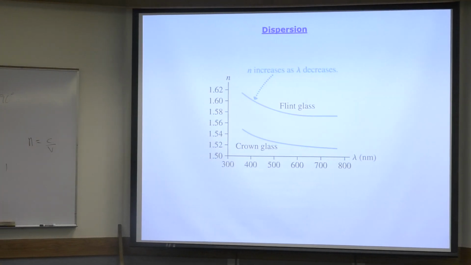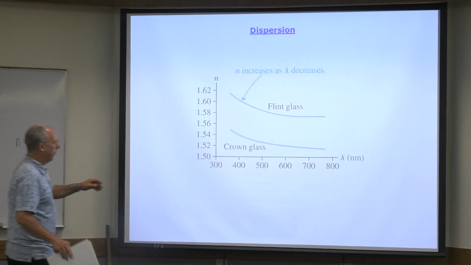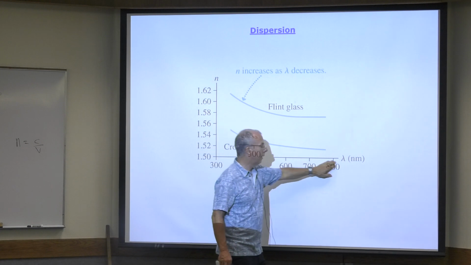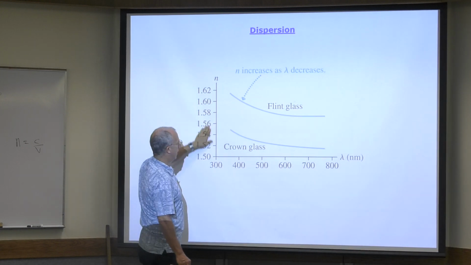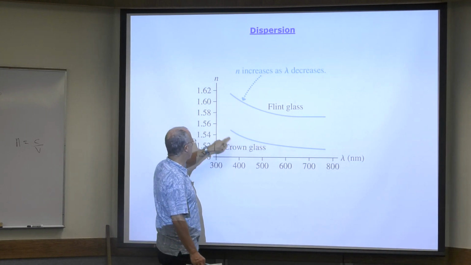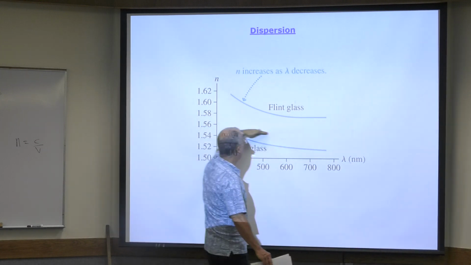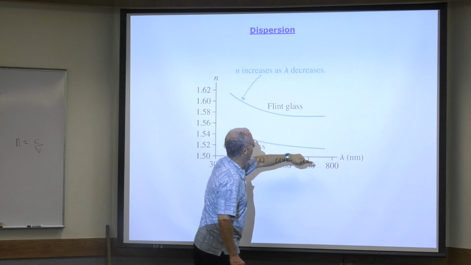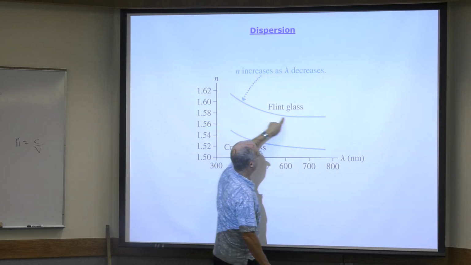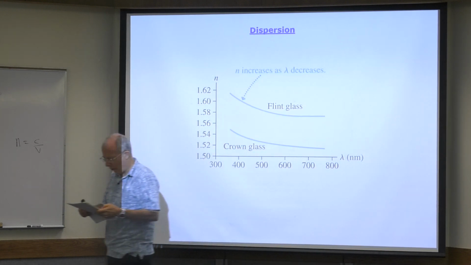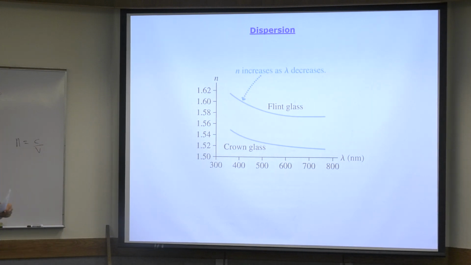Here's the wavelength, and here's n. For something called crown glass, n is not constant, it's not a straight line. It varies with wavelength. Or flint, it varies with wavelength. So that's just what we mean by dispersion. All right, this is a good place to stop.